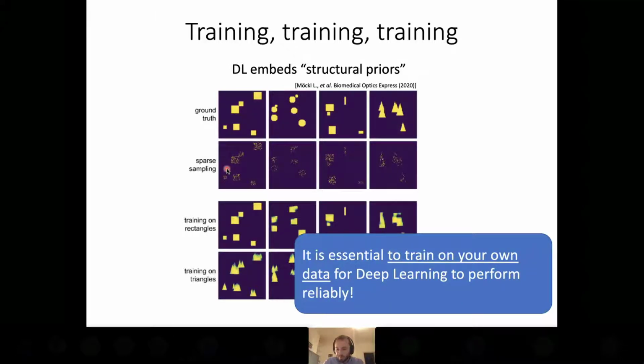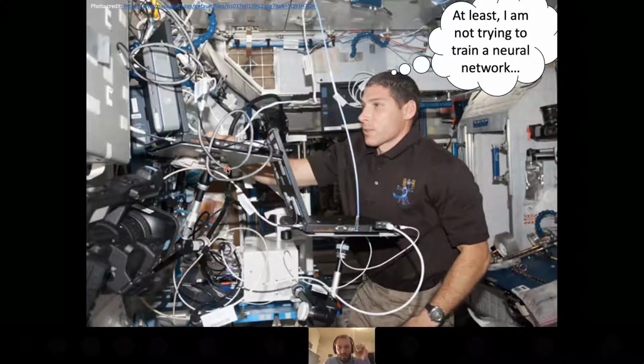Many tools are obviously available to do this, but what we wanted to create in the lab is an entry point for anyone to get started in deep learning microscopy, and to overcome this hurdle of feeling like retraining or training a neural network might feel like maintenance on the International Space Station.